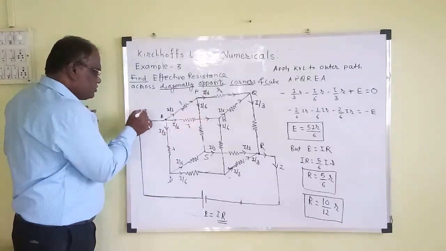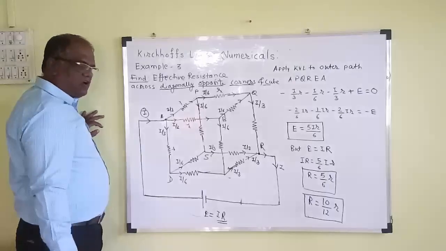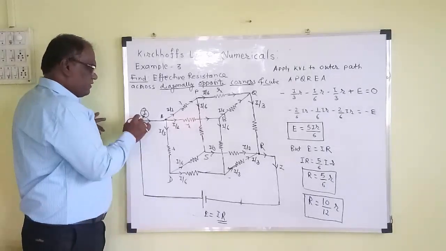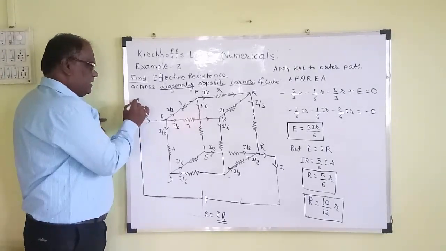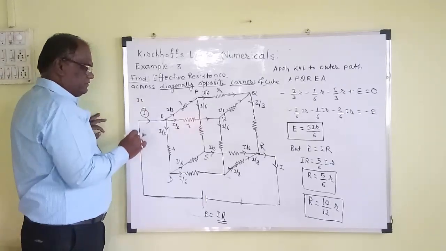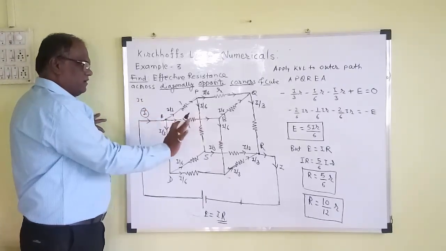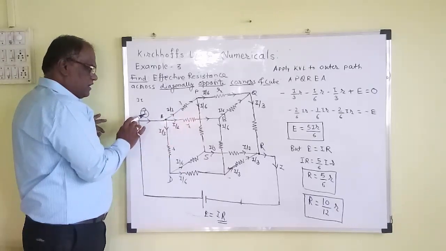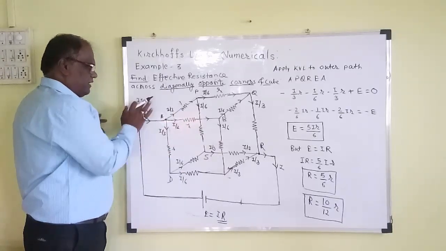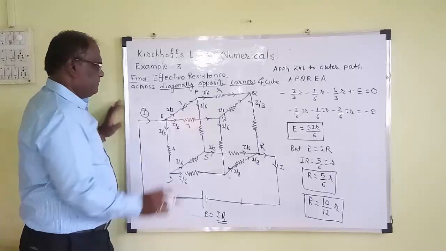You can choose 3I instead of I, and then it will be I. Now I am choosing the value I. Total current is I.